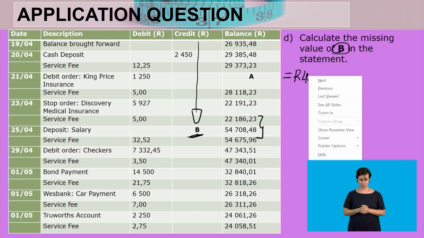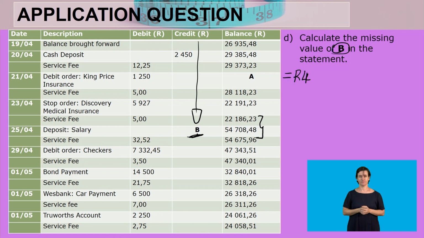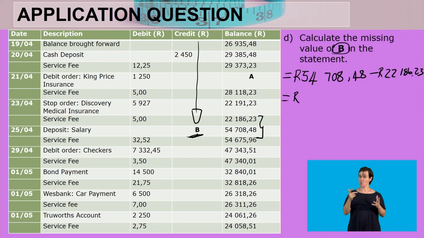So we have 54,708 rand 48 cents minus 22,186 rand 23 cents. This will give us a difference of 32,522 rand 25 cents.